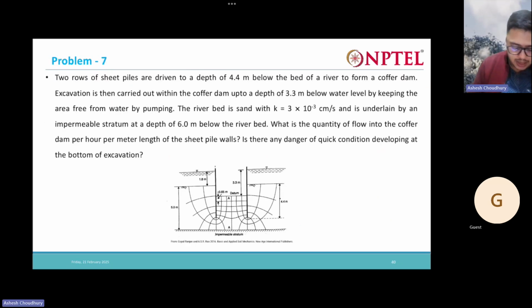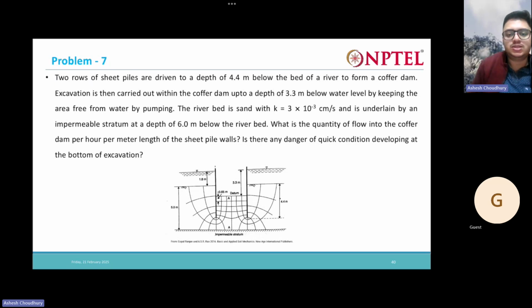Two rows of sheet pile are driven to a depth of 4.4 meters below the bed of a river to form a cofferdam. Excavation is then carried out within the cofferdam up to a depth of 3.3 meters below water level, by keeping the area free from water by pumping.